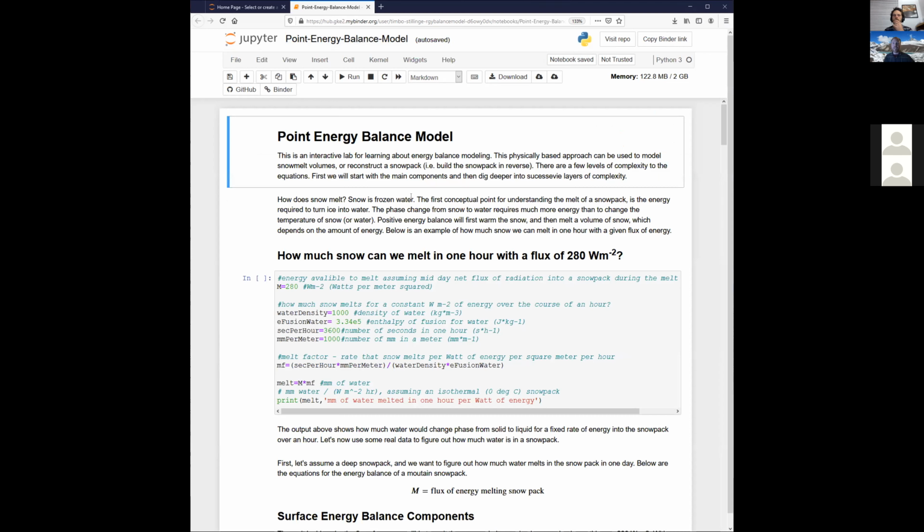If someone's having trouble loading the lab, at the bottom of your screen for the Zoom, there's a little button that says breakout rooms, and you should be able to click on that, and I can join you in the room and try to help you get the lab loaded if you're having trouble.